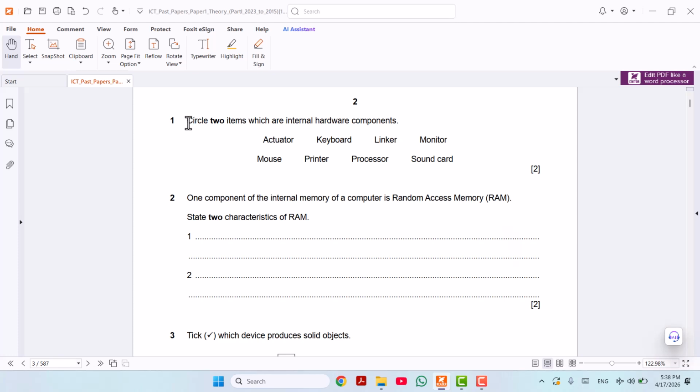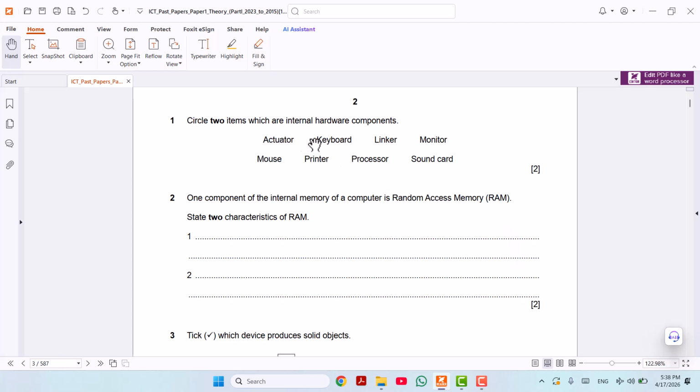So the first one is asking you about two items that are internal hardware components. In chapter 1 we talked about the internal and external hardware, and the internal hardware is inside the computer case. So we have here calculator, keyboard, linker, monitor, mouse, printer, processor, and sound card. Which two do you think are internal?